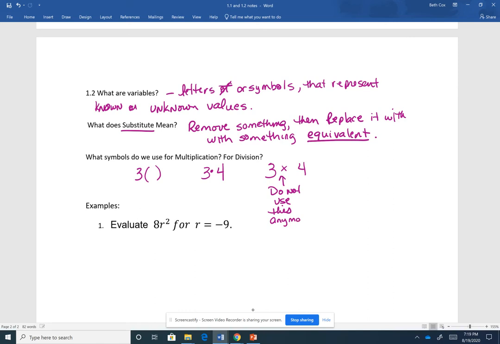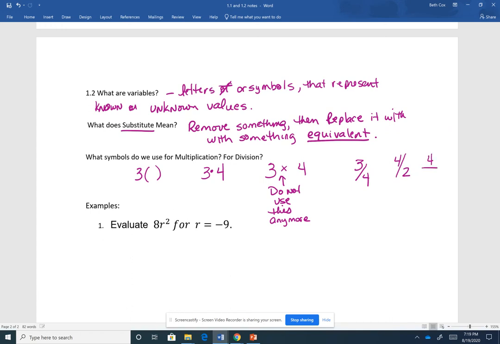And some of y'all are going to use it, and I'm going to say, you know what? I told you not to use it, so you must be copying from some unauthorized source. Don't use the X. Use a dot. Okay? Now, for division, we can do a slash, like 3 over 4 or 4 divided by 2.